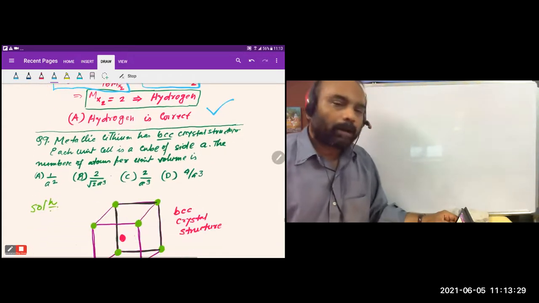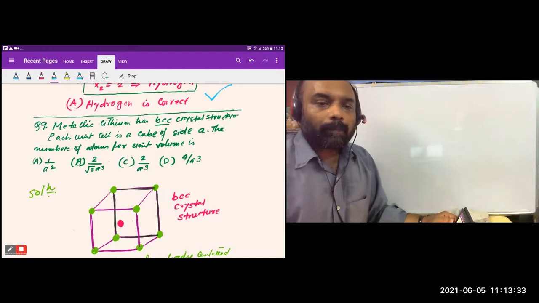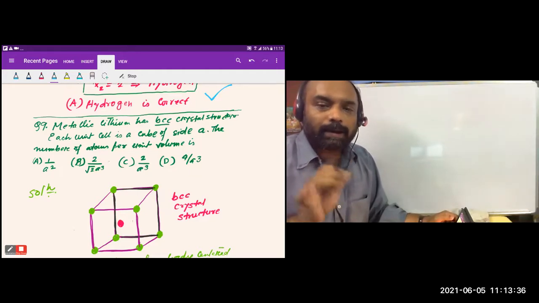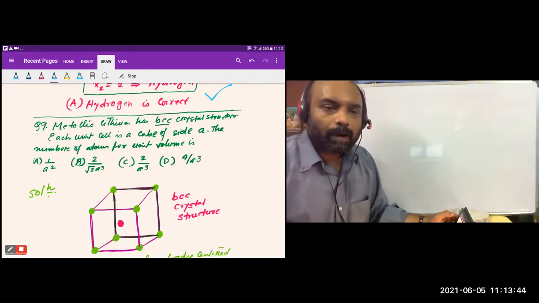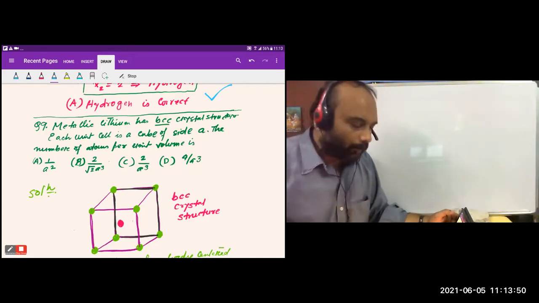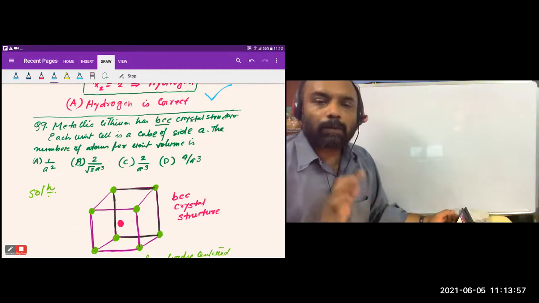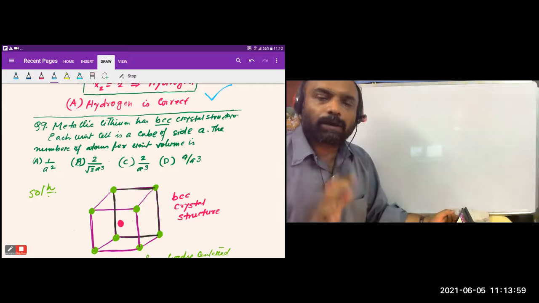Next problem, question number 9. Metallic lithium has BCC crystal structure, that means body-centered cubic crystal structure. Each unit cell is a cube of side A. The number of atoms per unit volume is, 4 options are given. Which one is the right one?